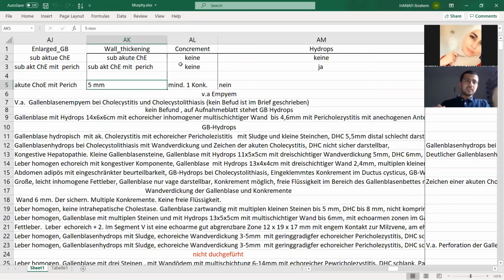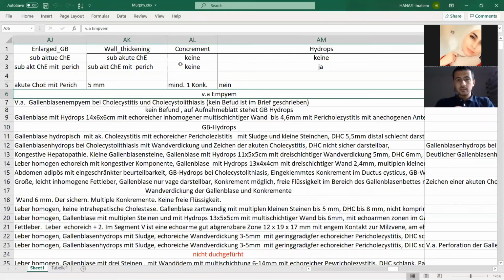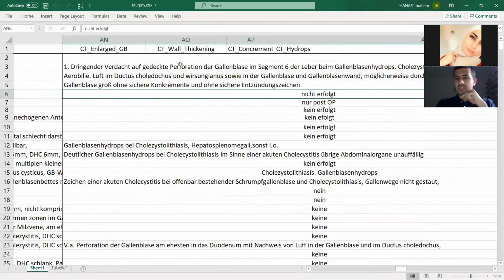Put CT thickening, for example, CT large, CT high drops, whatever it is, in each cell, but don't put huge cells. Those will confuse you. Those cells should be divided into different columns, and if it is no, then we should put no, no, no to all relevant cells.